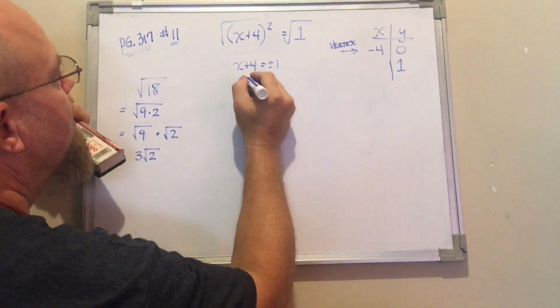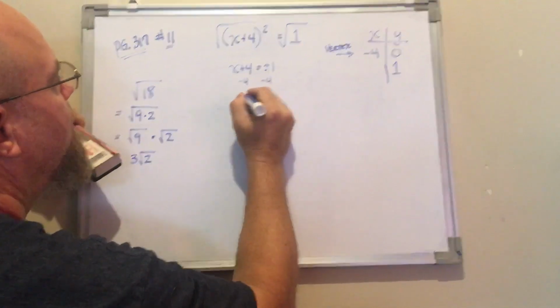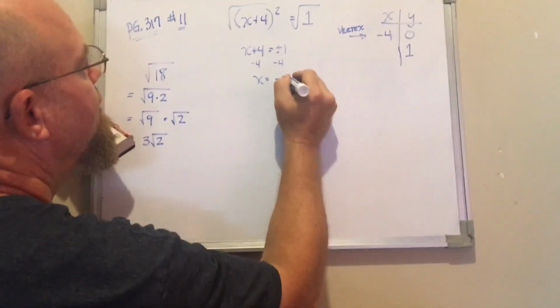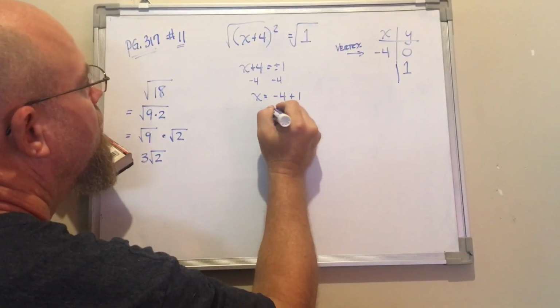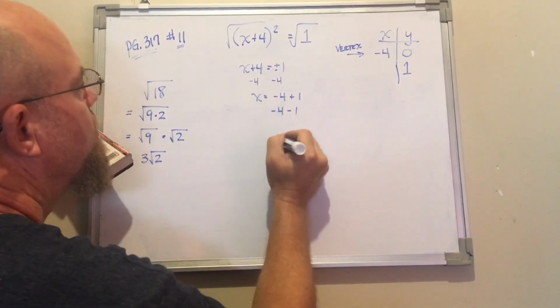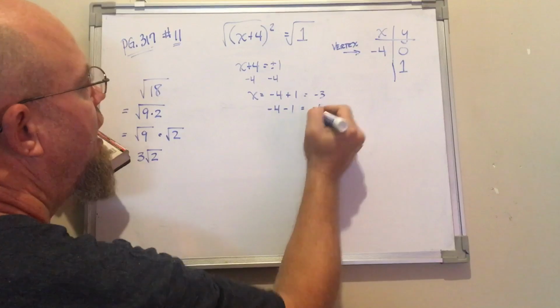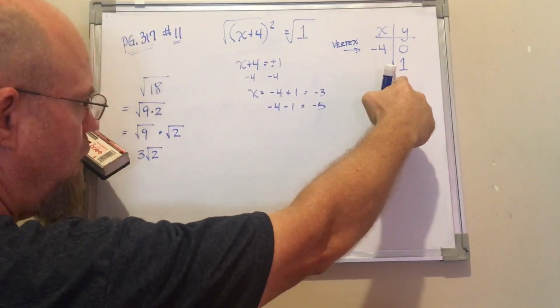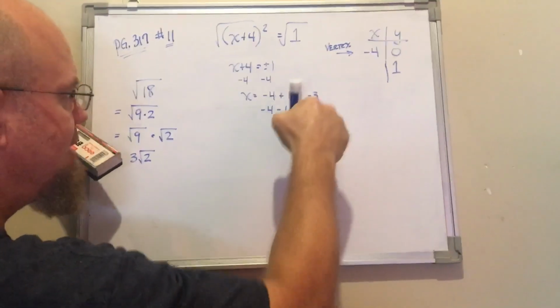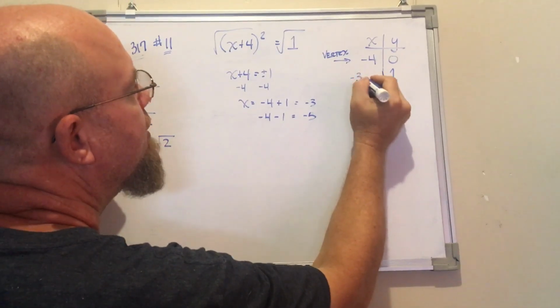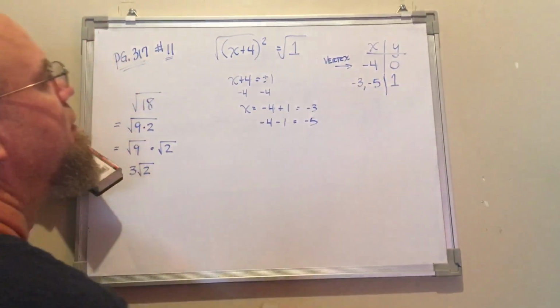All right, so then I subtract 4 from both sides. So x is going to equal negative 4 plus 1 or negative 4 minus 1, which equals negative 3 and negative 5. So when y equals 1, x is going to equal negative 3 and negative 5.